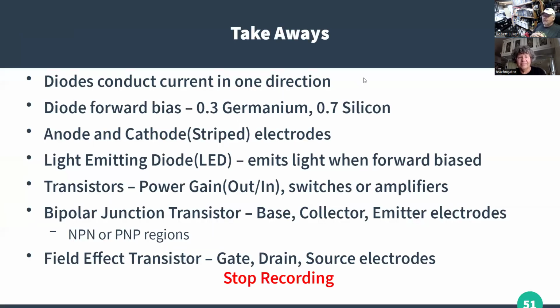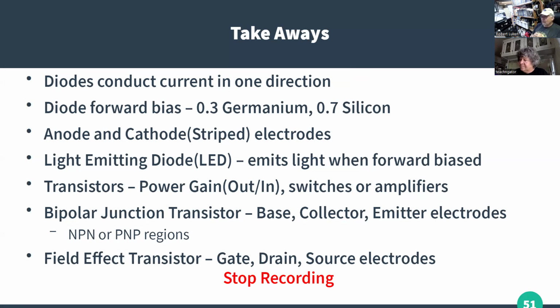Okay, so we learned diodes conduct current in one direction, with the exception of a Zener diode, special purpose. You have to forward bias the diodes, either 0.3 volts for germanium or 0.7 for silicon. And these are approximations.